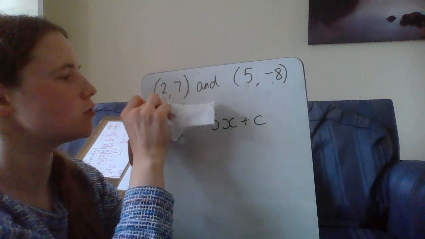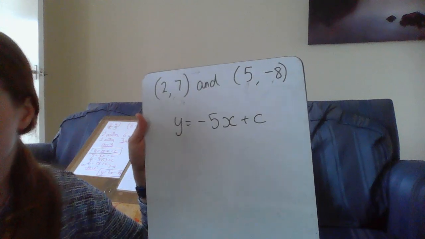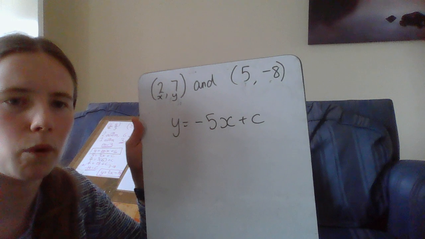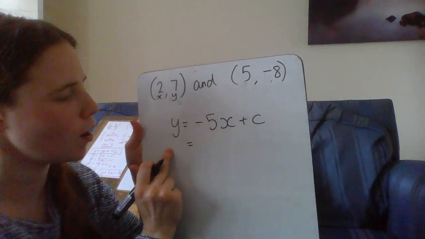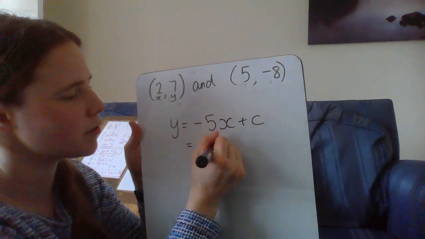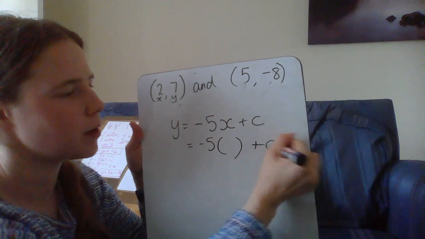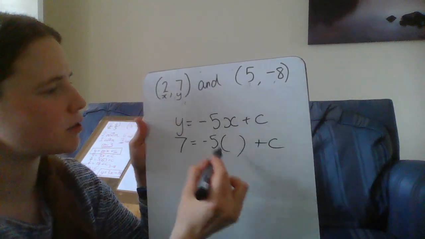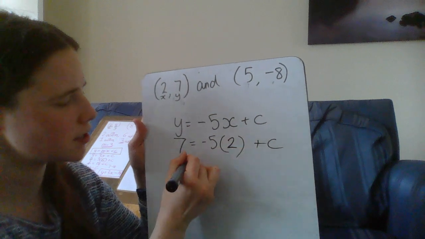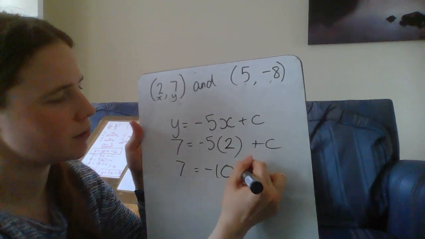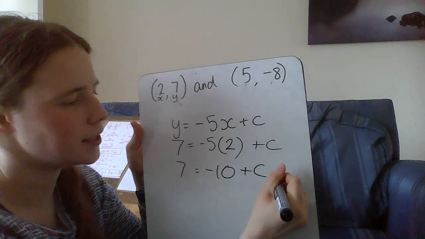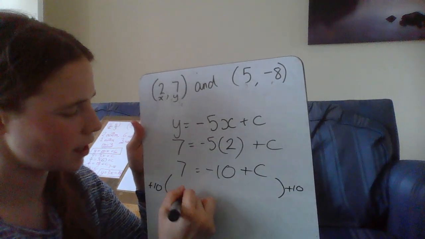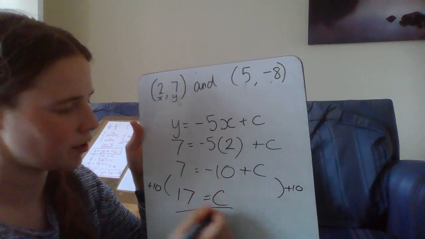I'm going to choose 2, 7 because both of the numbers are positive, which makes life a little bit easier. So this is my x and this is my y value. So I'm going to have my y value equals -5 times my x value plus c. My y value is 7. My x value is 2. So 7 equals -10 plus c. I need to add 10 to both sides, and I'm going to get 17 as my c value.